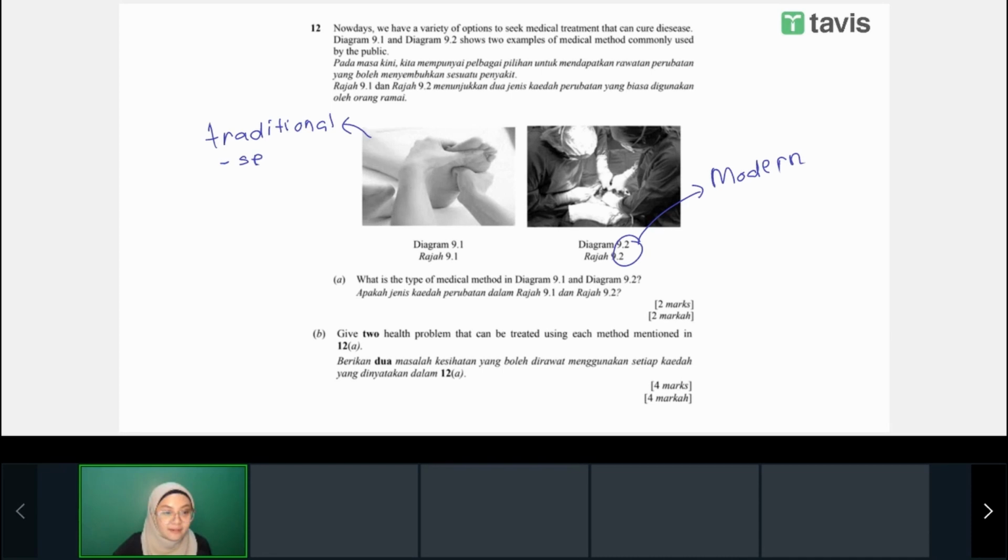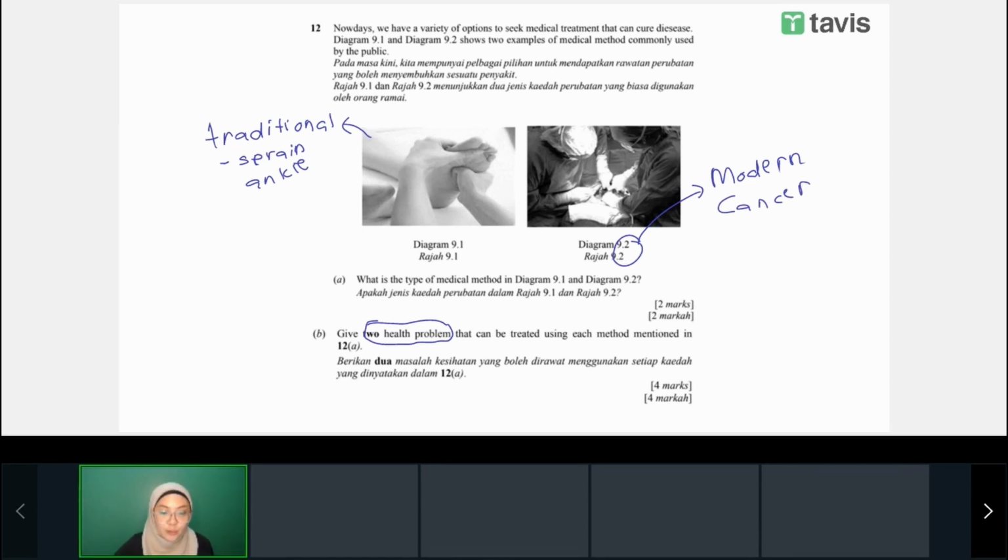Sprain ankle, you can write sprain ankle. While for 9.2, they ask two, right? Give two health problems. Then for the modern medicine, it can be cancer.